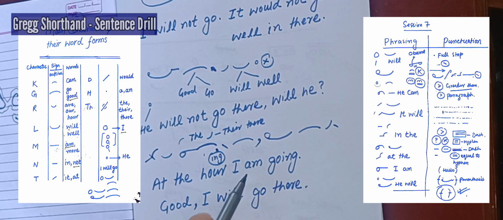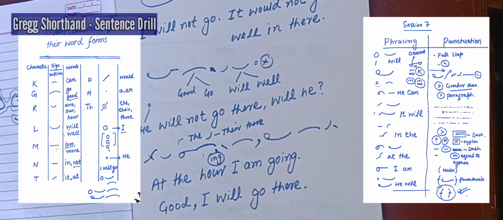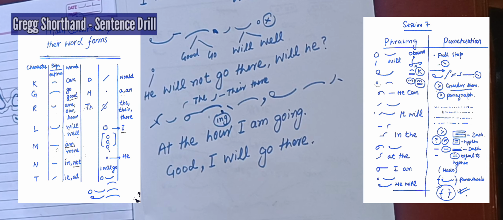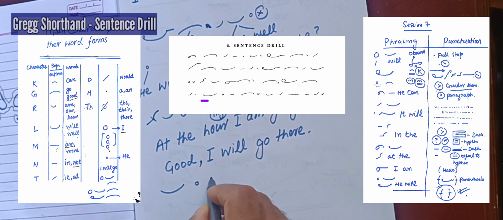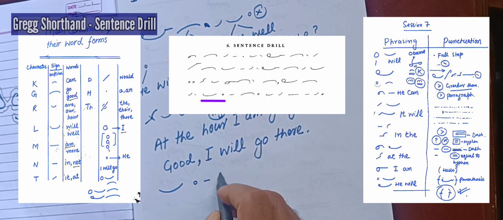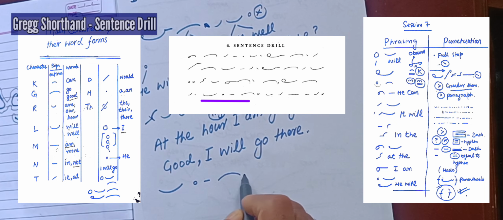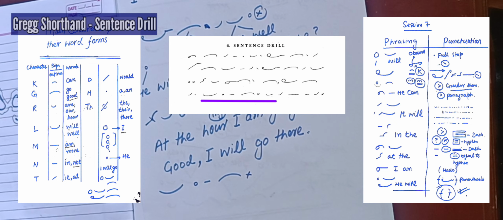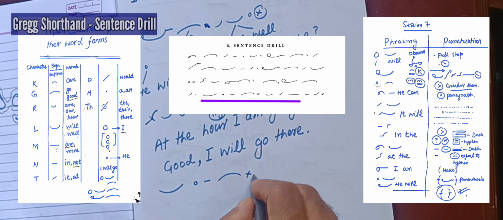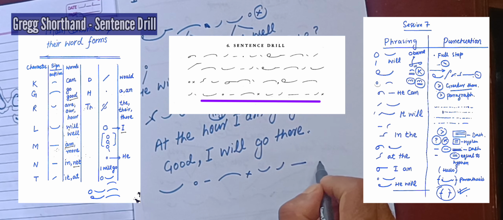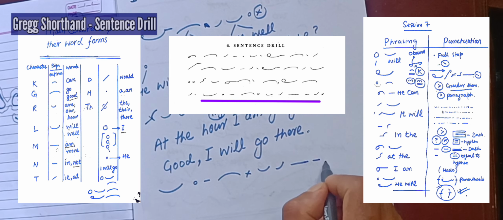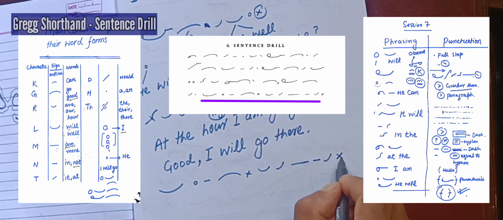Okay. So next up we have like this, then small o, then this dash, then this outline and punctuation mark, and we have this thing and this thing, then again punctuation mark.